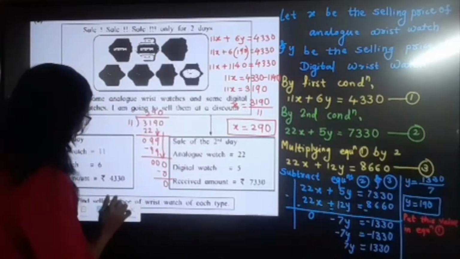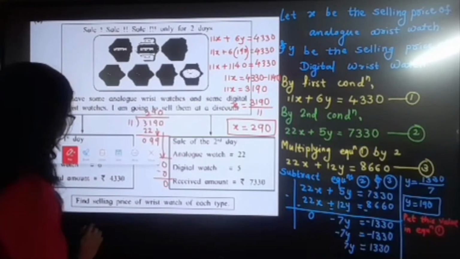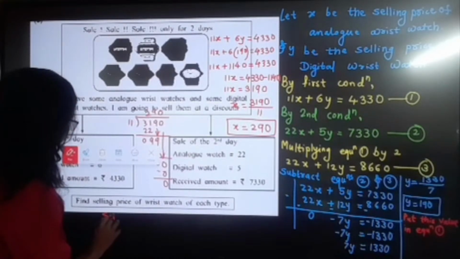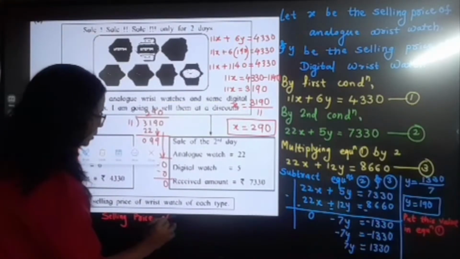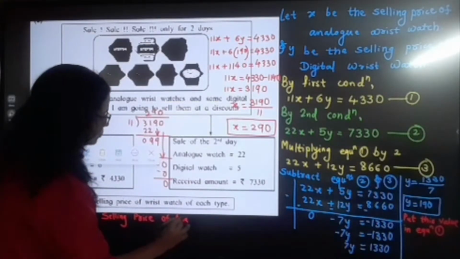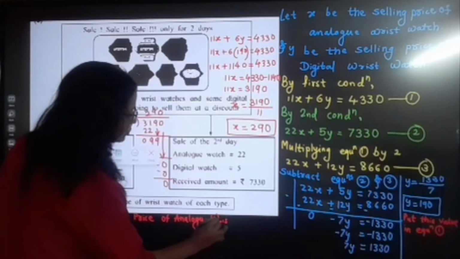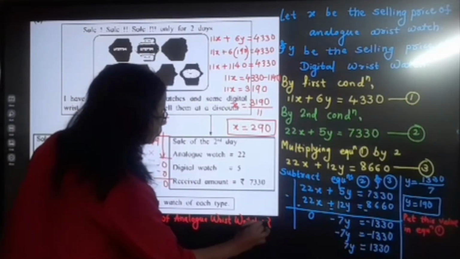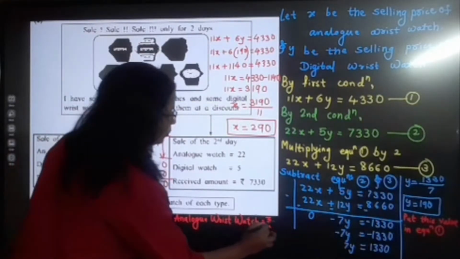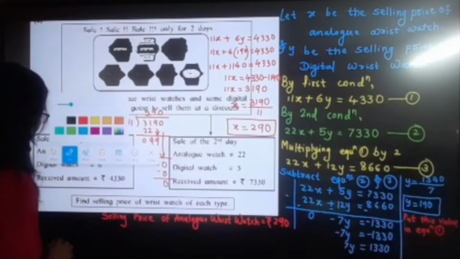And so I write here that selling price of analog wristwatch is equal to rupees 290.